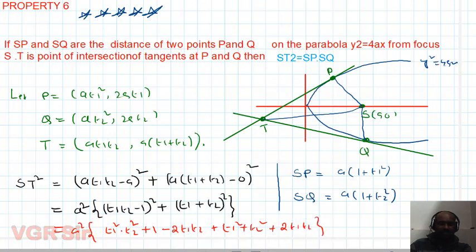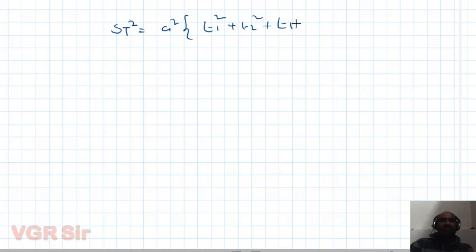Observe here, these two get cancelled, so I will write on the next page: ST square equal to a square times of t1 square plus t2 square plus t1 square t2 square plus 1. A simple algebraic expression, just like a plus b plus ab plus 1, which is the same as a plus 1 into b plus 1.